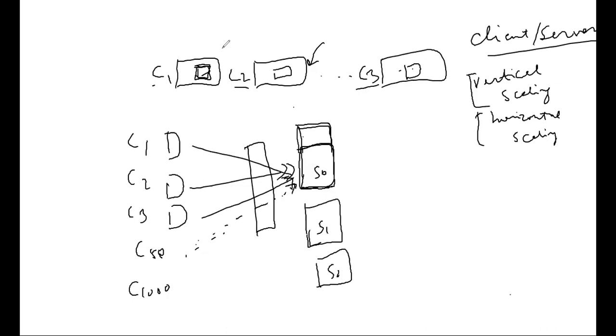So a request comes here, it gets routed to the different servers. For the client, why it is good is that the client doesn't need to know about the individual servers. He doesn't care where the request goes. For him, if the request response is successful, that's what he cares about. So let's call it load balancer for now. We will talk about it a little bit more.